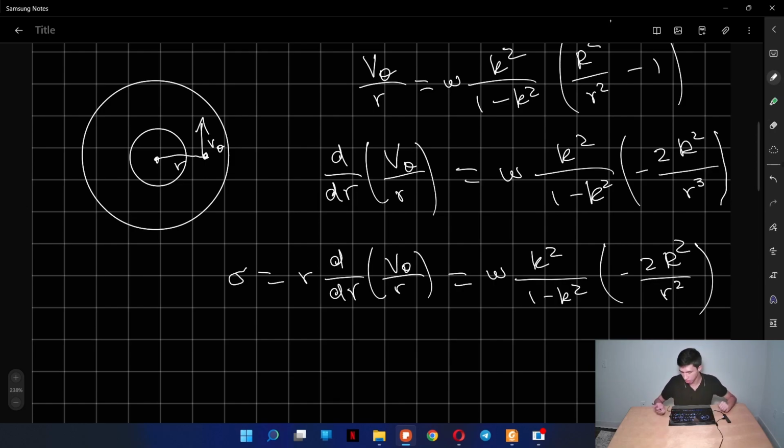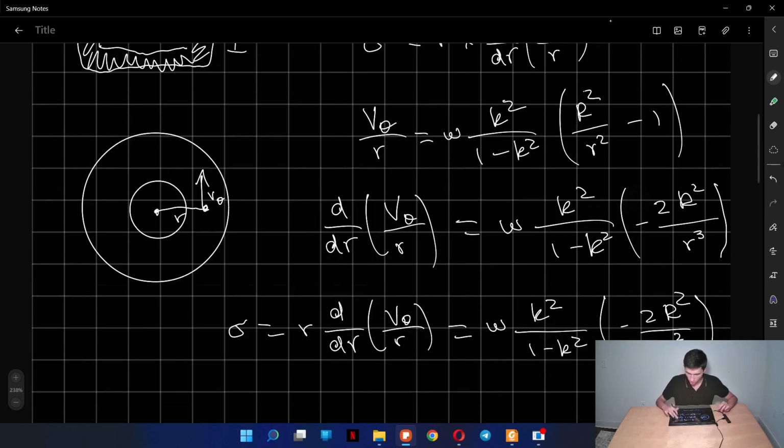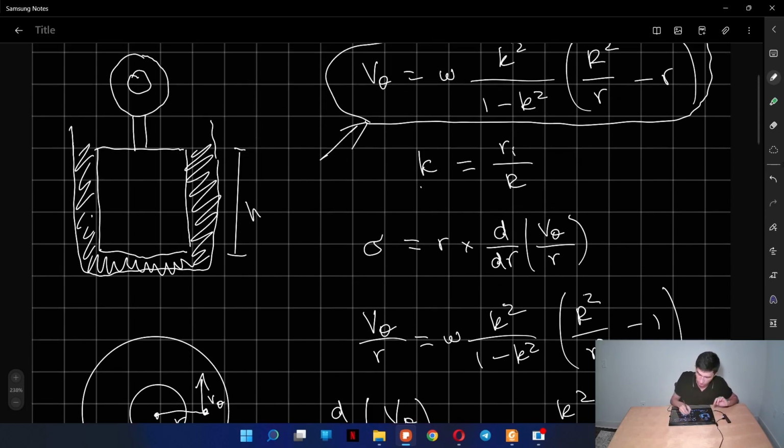Here we have our relationship between k and the radius. We can consider the shear rate at the inner radius first, so that we can find the torque at the inner radius. We know the inner radius is equal to k times the outer radius.